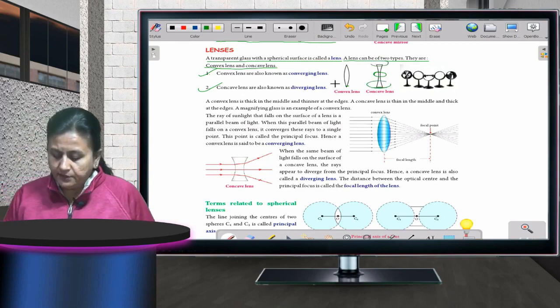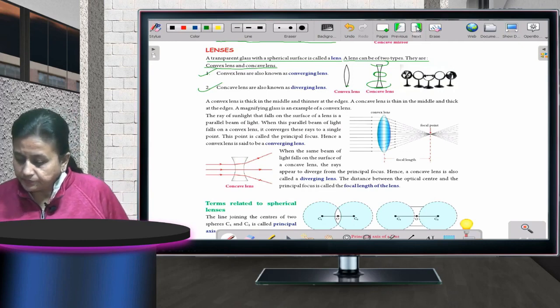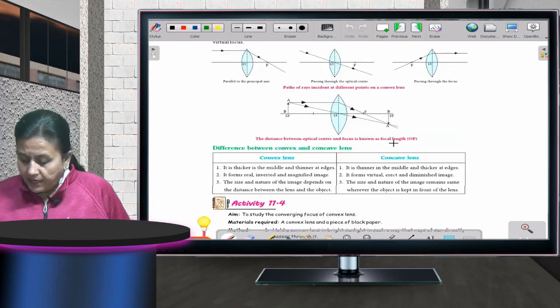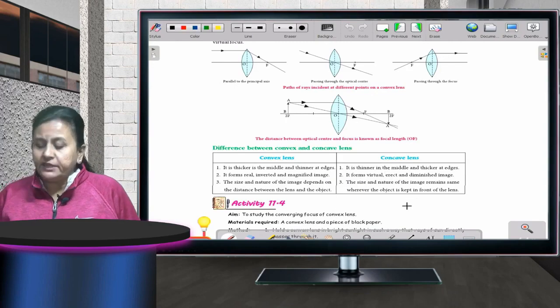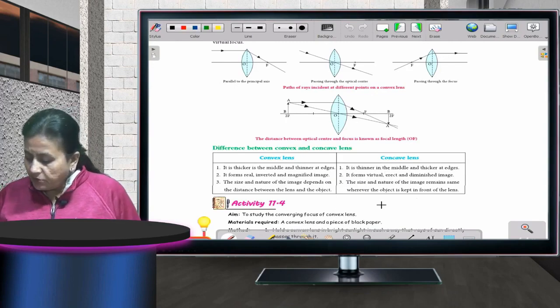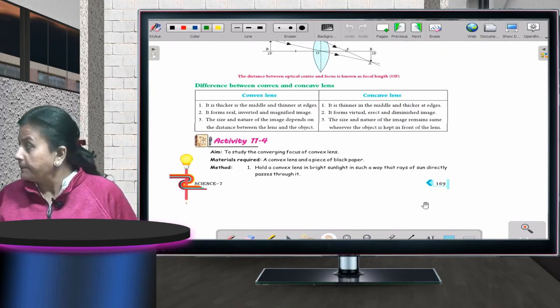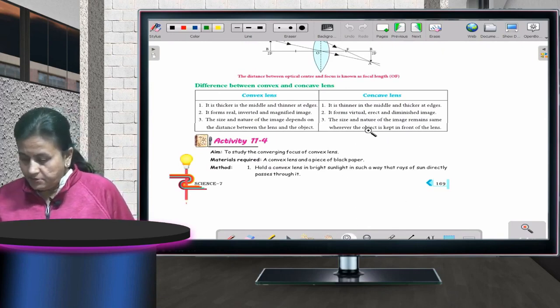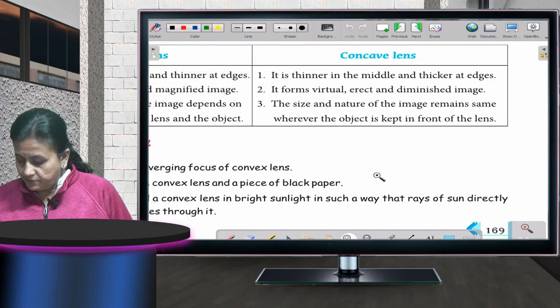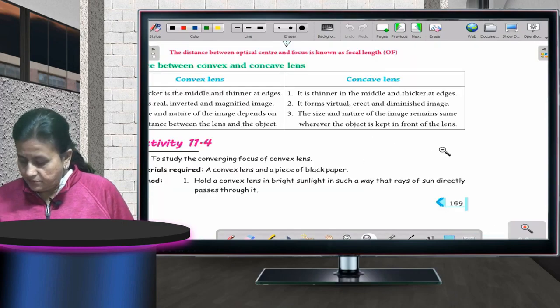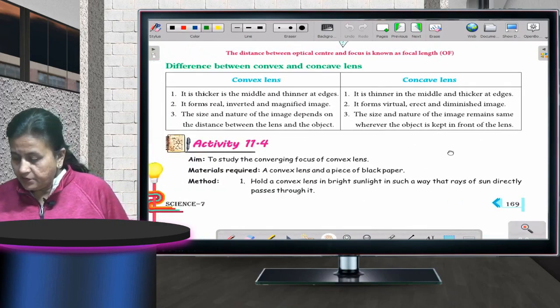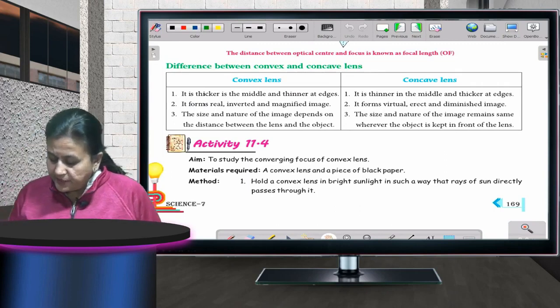Fine children. Now I'll tell you the difference between convex lens and concave lens. Can you see all on your screens also? Fine. Now this is very simple.